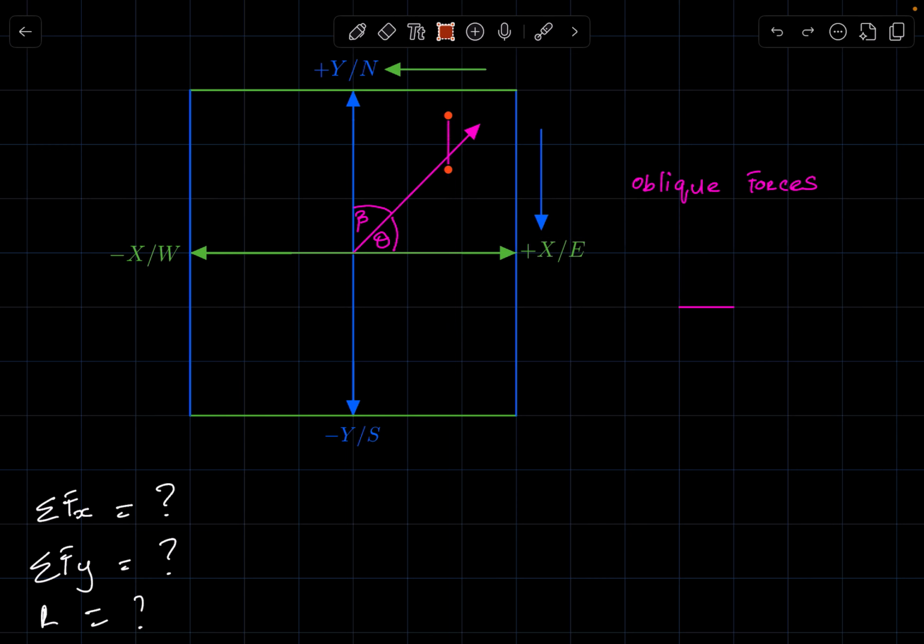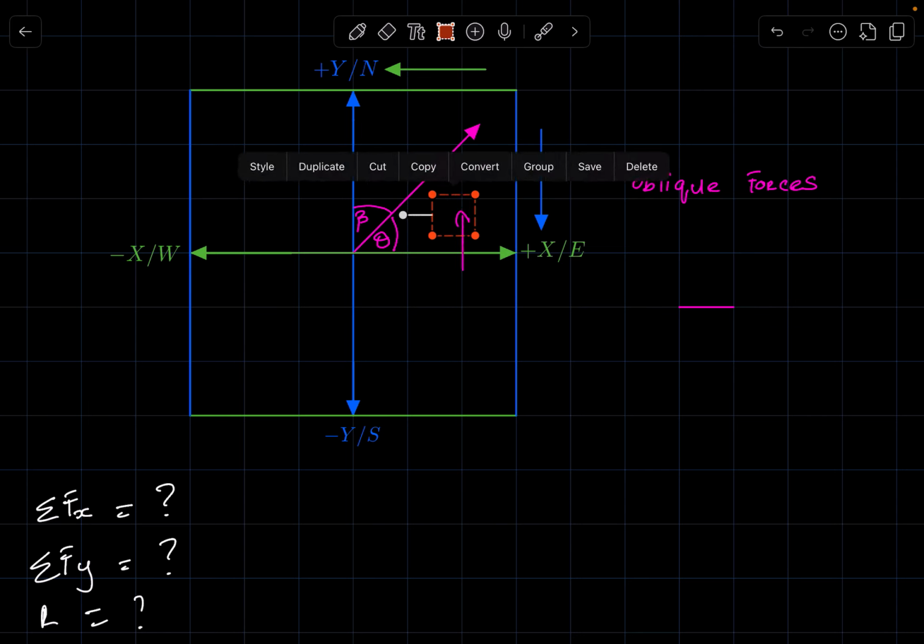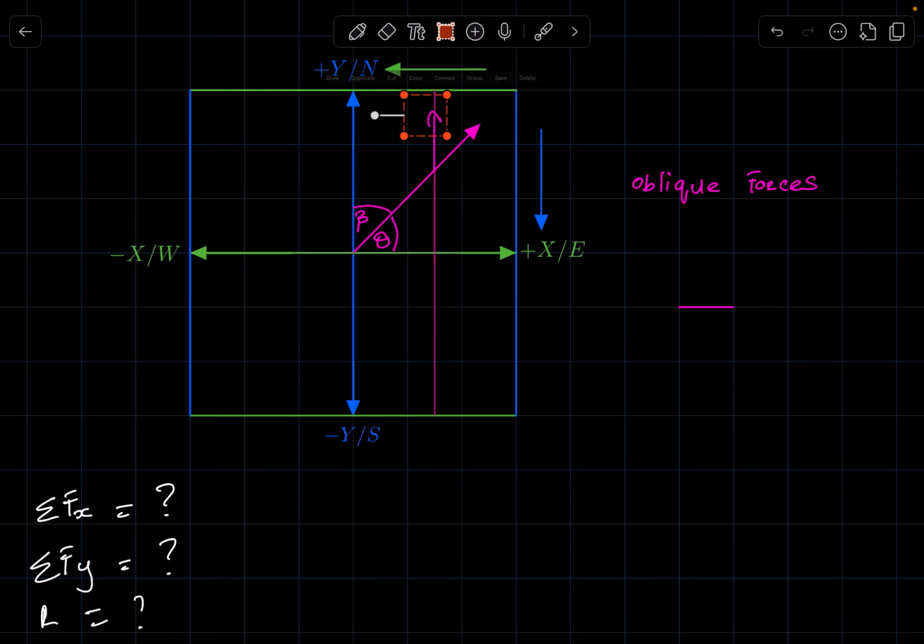So in order to do that, if you consider the vertical component, for the vertical component to follow this direction, it has to be acting upward. Meaning, we cannot say that the vertical component of this is acting downwards. This direction is headed away from the direction of the oblique force, meaning it is incorrect. So for this to be correct, it has to be headed in a direction that is towards the direction of your oblique force.